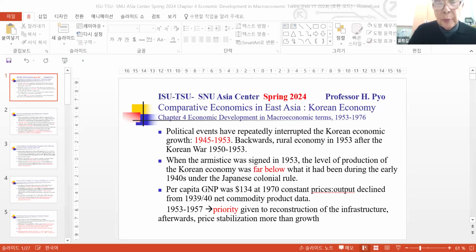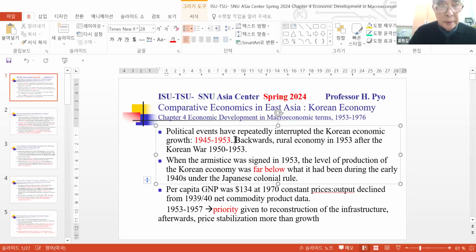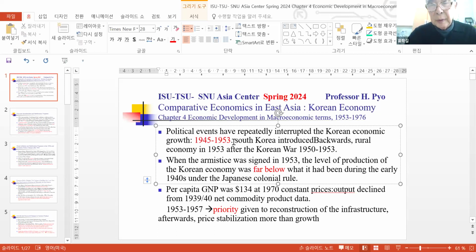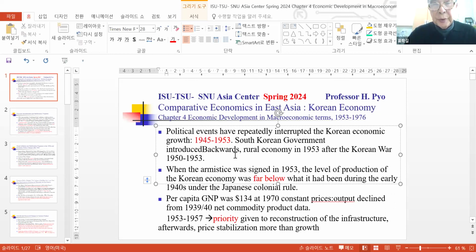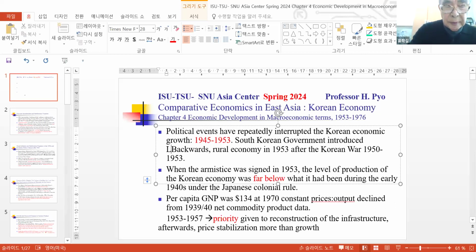During this event, the most important thing, I may write here, is that the South Korean government introduced land reform in 1949.